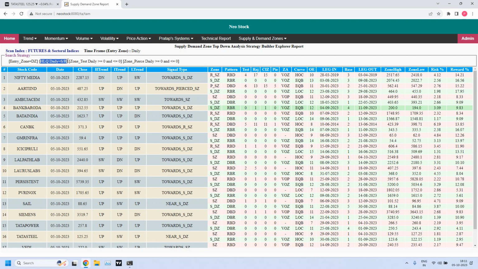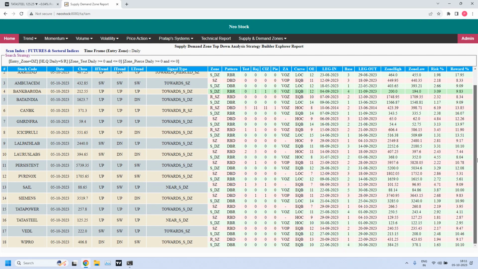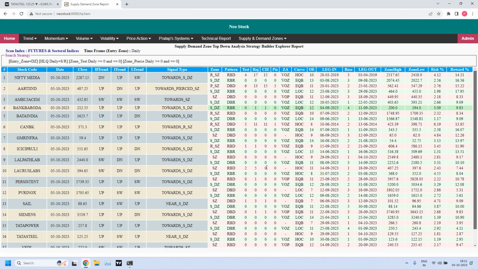And which type of high liquidity? It is support resistance. So total 18 stocks are there. So you can focus on these stocks. Whichever stock reaches first into the demand zone, you can take a trade in that stock.